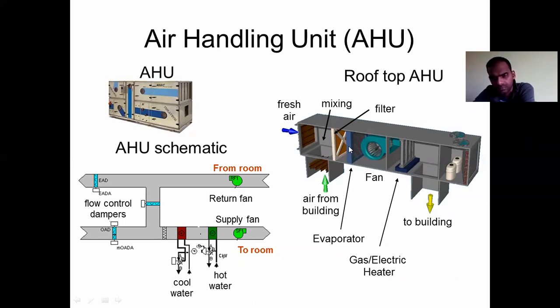So these are the main things. Evaporator will be there, a filter will be there, and a fan will be there. This is a simple setup, and this is the AHU. This is the thing which is present inside the AHU.